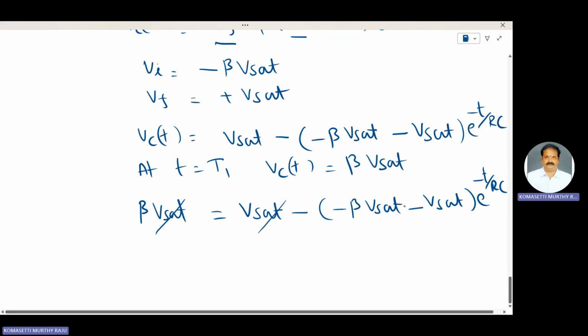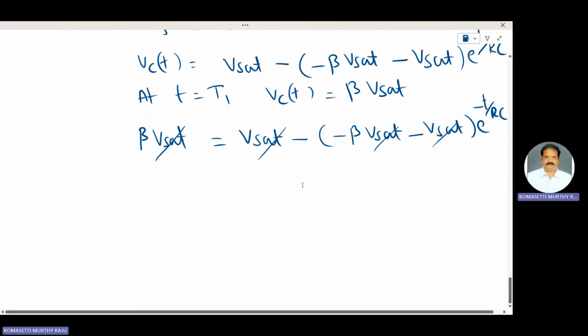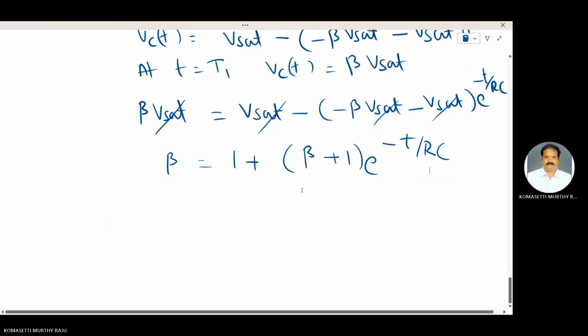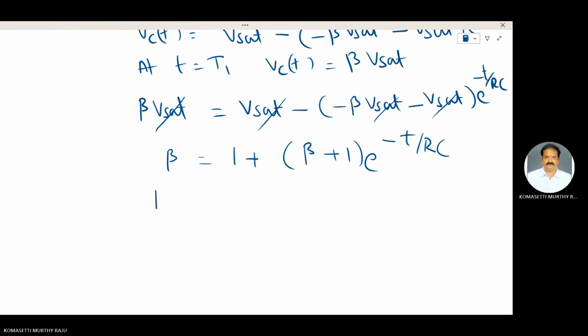Here V sat is cancelled. Therefore beta is equal to 1 minus (beta plus 1) e power minus t by RC.